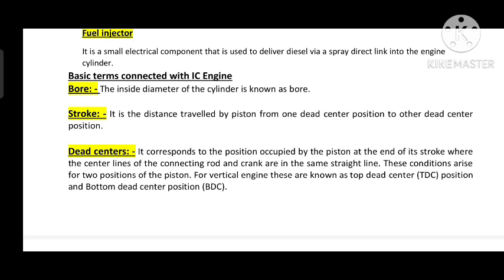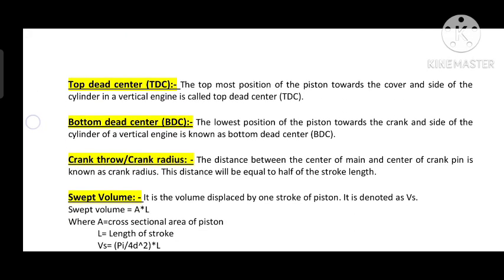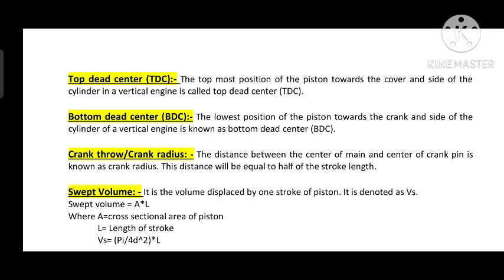The topmost position of the piston towards the cylinder head is called top dead center, and the lowermost position towards the crankcase is known as bottom dead center. Next, swept volume.